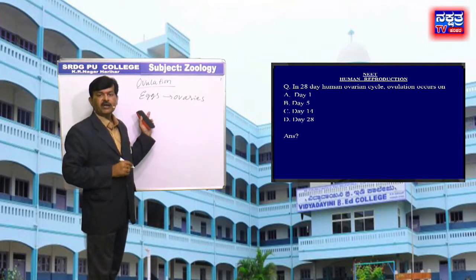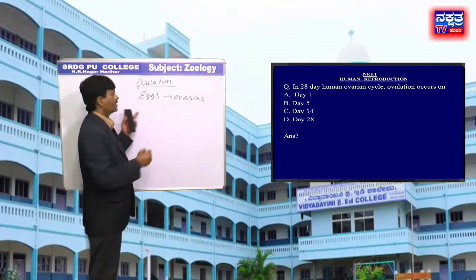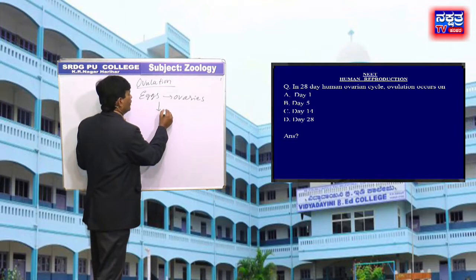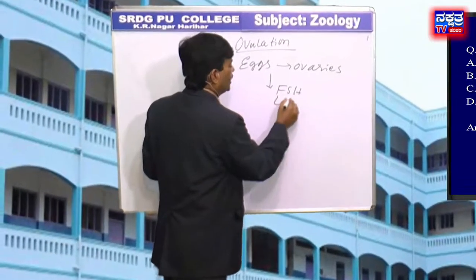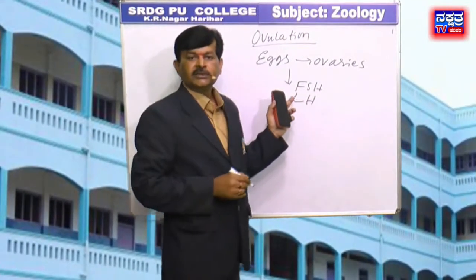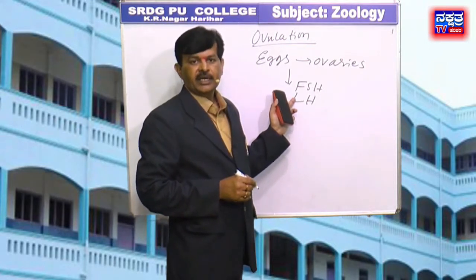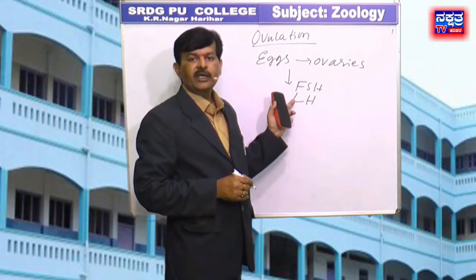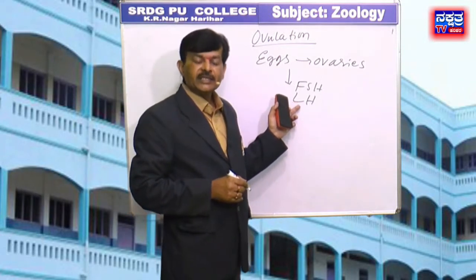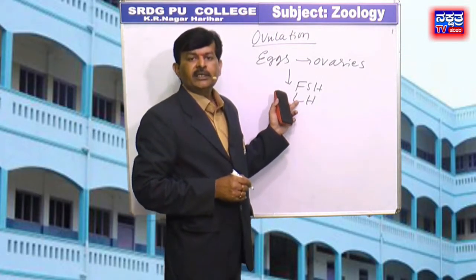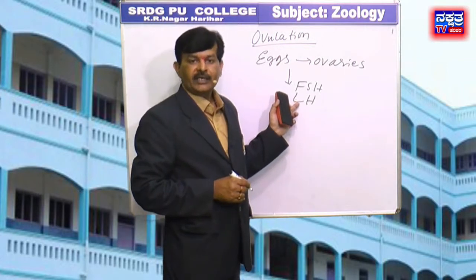The secretions of gonadotropins like FSH and LH increase gradually during the follicular phase and stimulate the follicular development as well as secretion of estrogen by growing follicles.